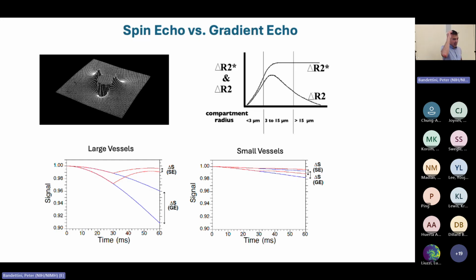And if you're in the range of anything above 15 microns, which is still a pretty small vessel, but still big enough, then the gradient echo signal will be maximally sensitized to that.